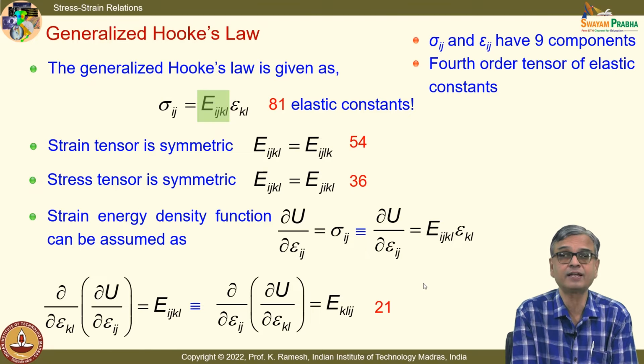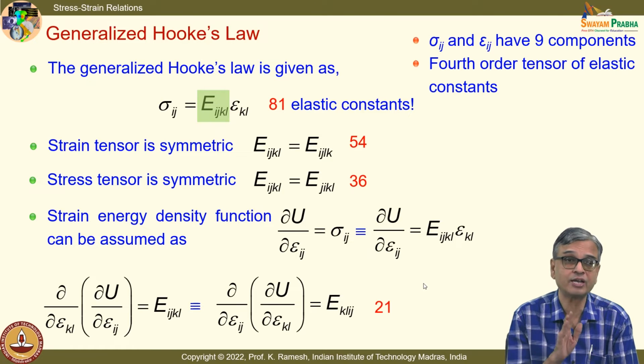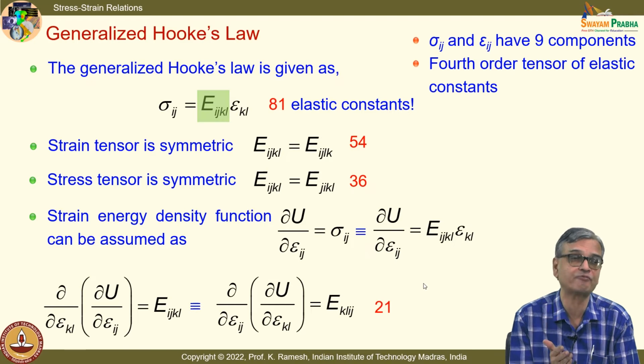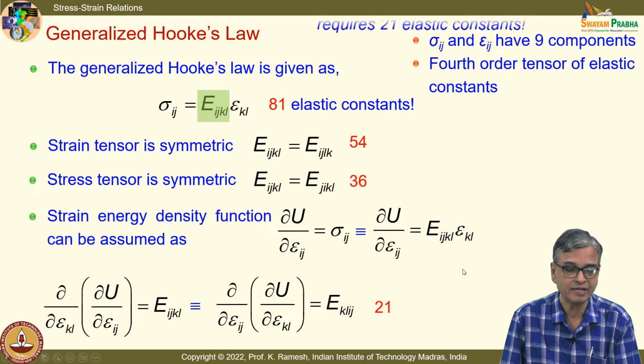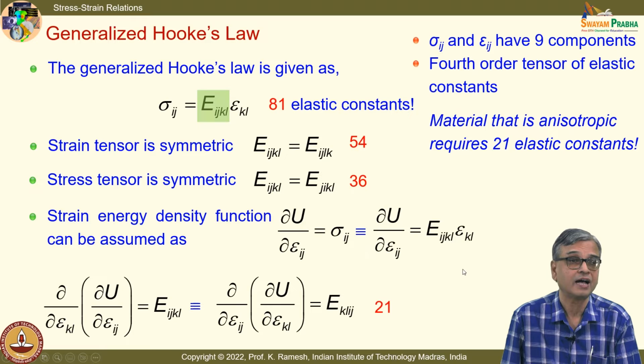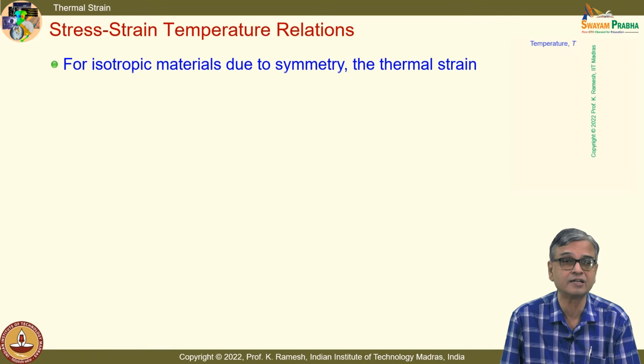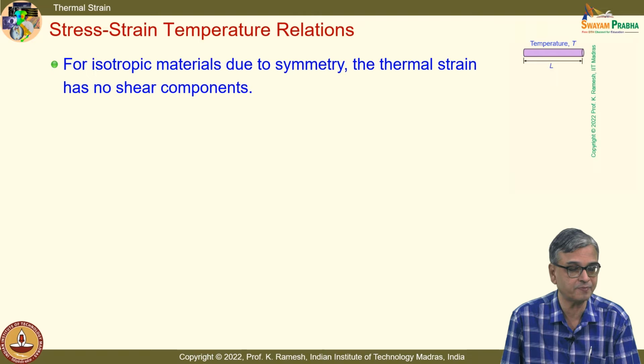So, if you have an anisotropic material, you may require 21 elastic constants to characterize an anisotropic material. Look at, when I have an isotropic material, I need just 2 of them. So, it makes your life extremely simple. That is one of the reasons why we want to have analysis of isotropic material. Even in situations where it is clearly not isotropic, we make that simplification.